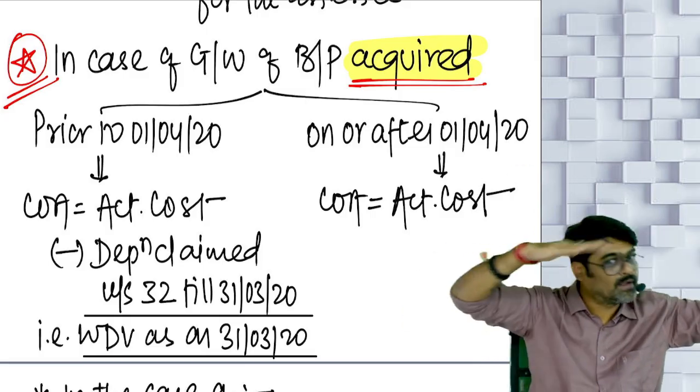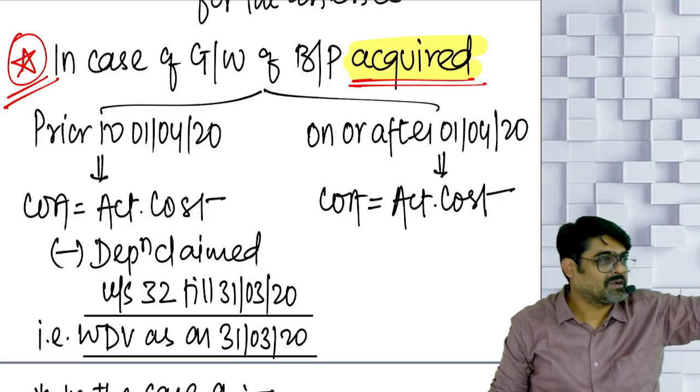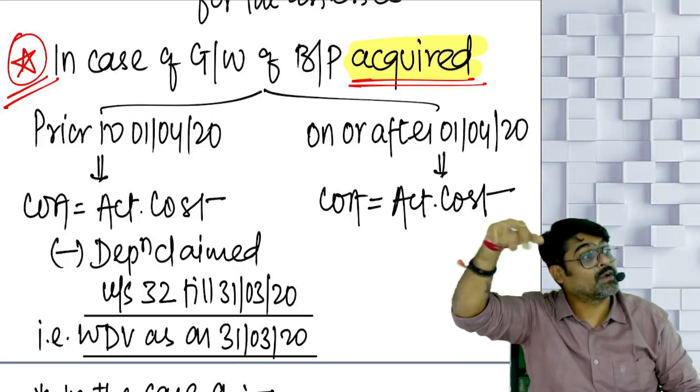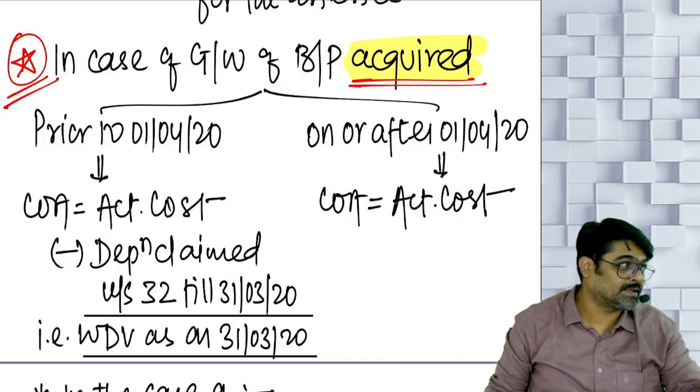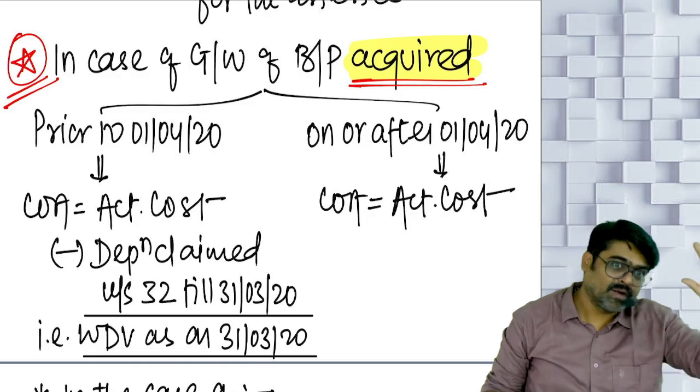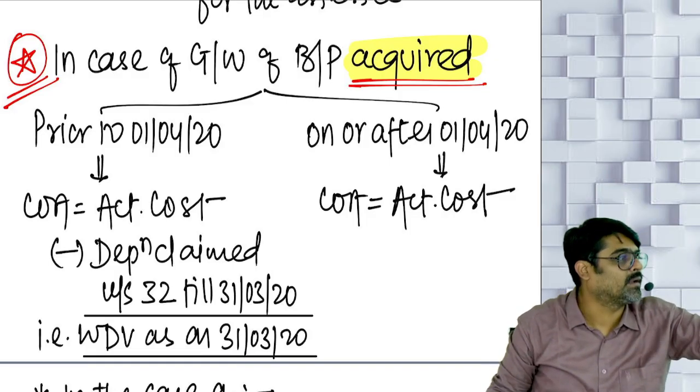Which are the specified assets? Tangible asset, intangible asset. Land, a tangible asset, is not a specified asset; it will come to capital gain. Building, furniture, plant and machinery will be specified assets. The cost of these assets will be allowed under the head PGBP in the form of depreciation, because the assets are used for business or profession.